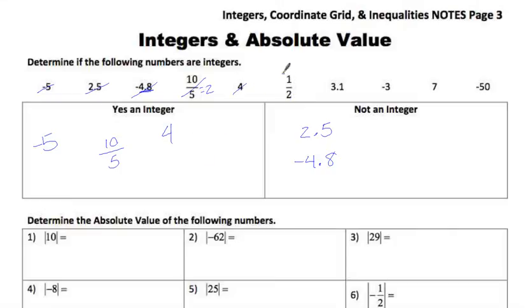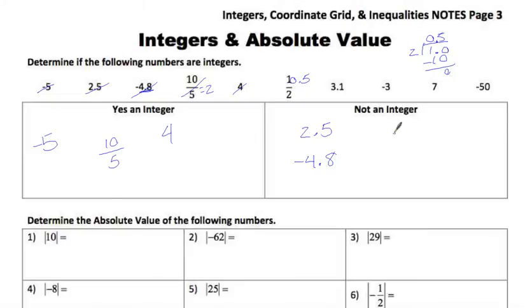1/2. If I think in my head what the decimal of 1/2 is, it's going to be 0.5. If you don't know that, you could do 1 divided by 2. 2 doesn't go into 1, so give it a decimal. It goes in 5 times. Should be 10, subtract, and I get 0. So I get 0.5.